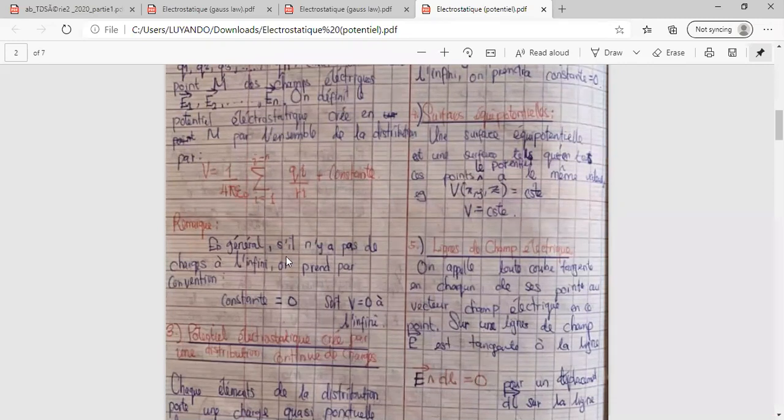So if I have a sphere, like this, and I'm told to find the potential at a point here, or at a point at infinity, I don't know how to draw it, but at the point at infinity, our potential is going to be equal to 0.